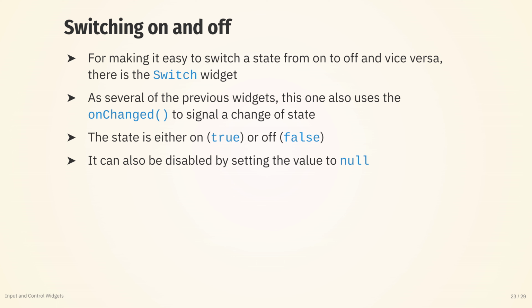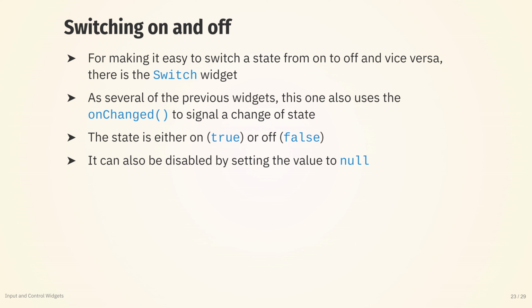Next up is the switch widget, I should say, which is a simpler, easier little thing that just has two values, two states, true or false, on, off. It could also be undefined, that is null, when it will be set to off.